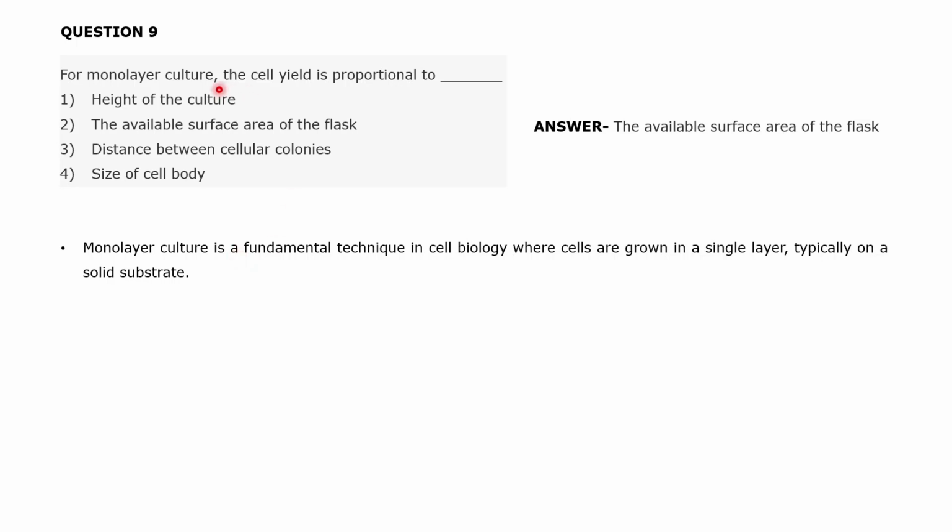So for monolayer culture, the cell yield is directly proportional to the available surface area of the flask. Does anyone have any doubt? Okay. I think this is a basic question, right? Monolayer culture and everything. So I will just move on to the next question then.